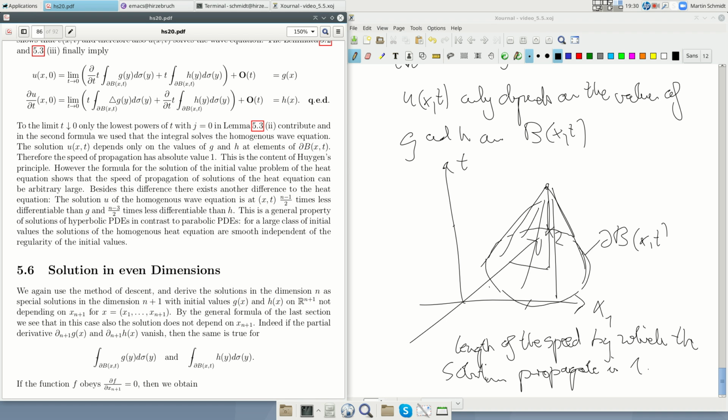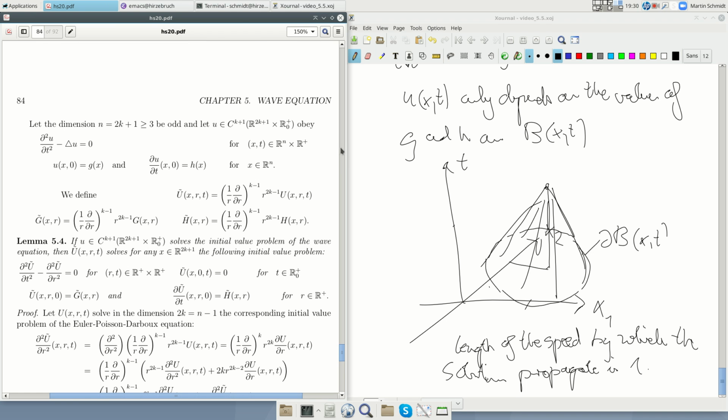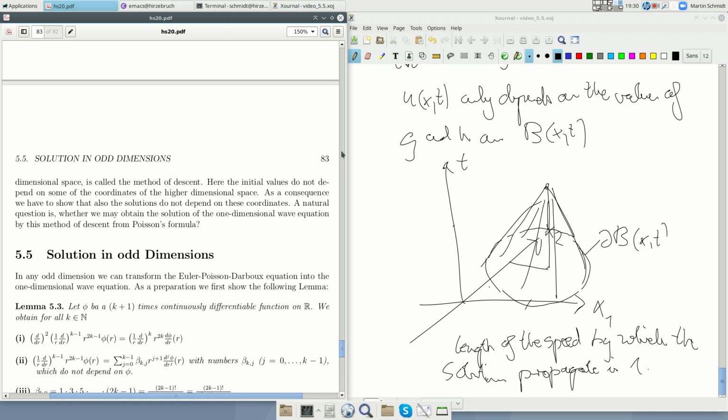What we have done today: we solved the homogeneous wave equation in odd dimensions by solving the Euler-Poisson-Darboux equations.